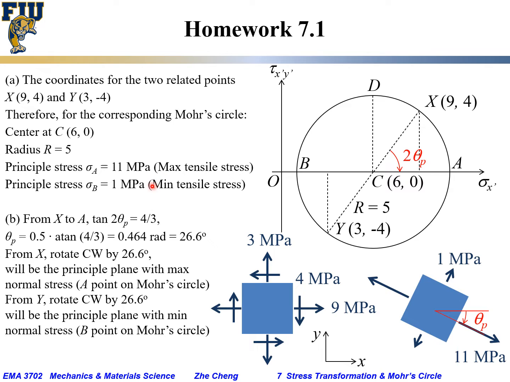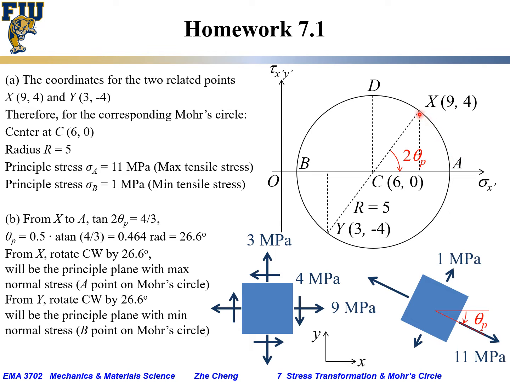The next question is where these principal stresses are. In which direction in this plane can we find the maximum normal and the minimum normal stress? We still use the Mohr circle method, and we know 9, 4 for X and 6, 0 for C. From X to A, how do you find A?